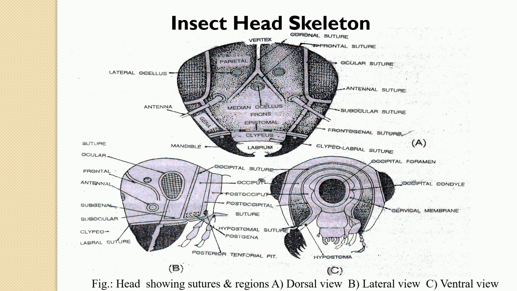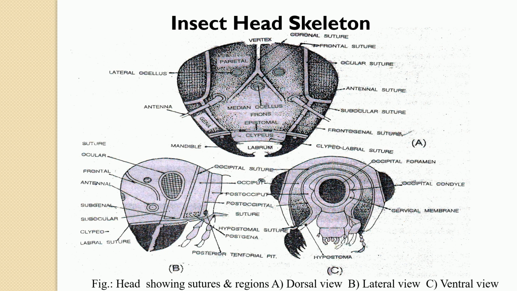They become well evident after dechitinization. Dechitinization is the process by which the chitin content of the skeleton is removed, and it can be achieved by treating that particular part with aqueous KOH at high temperature.